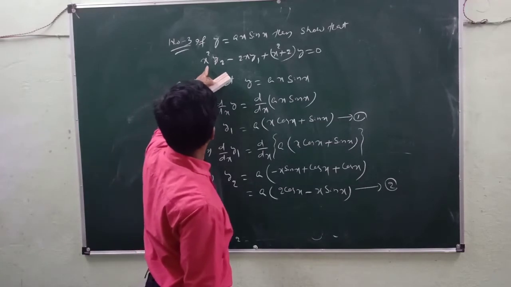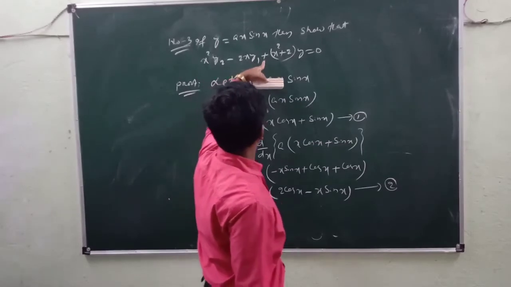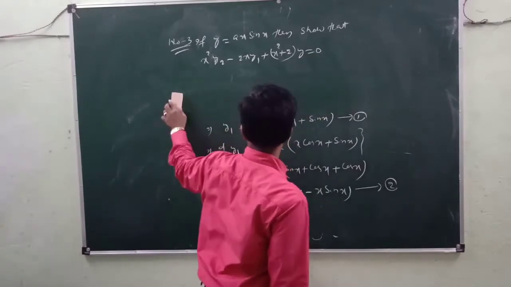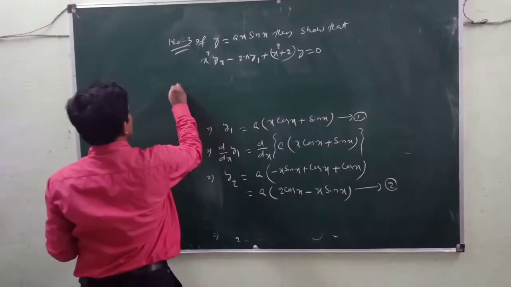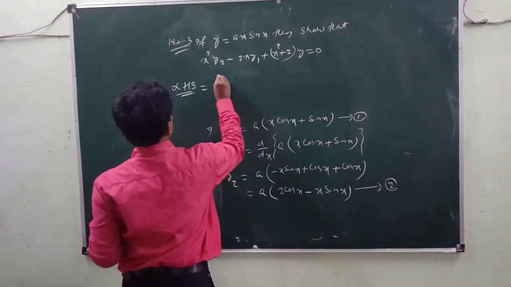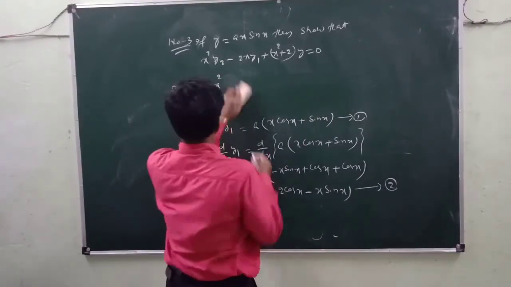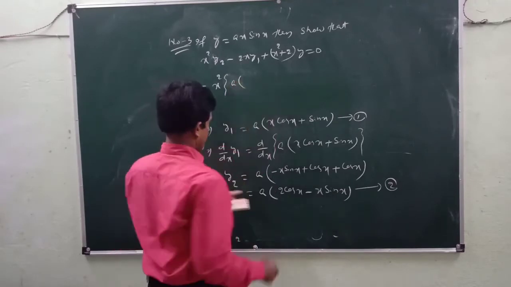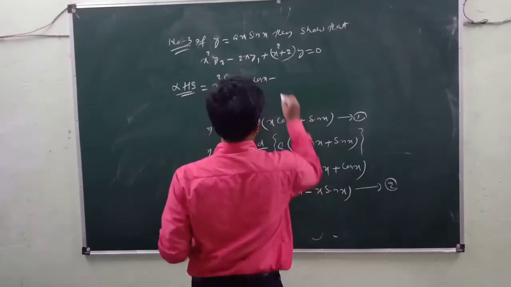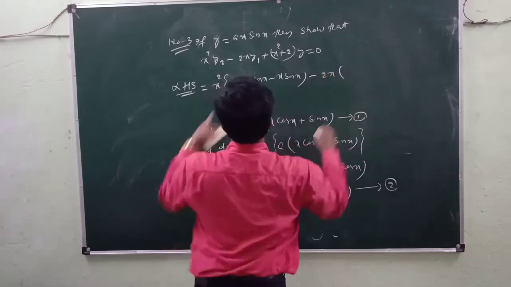But we prove that x square y2 minus 2x y1 plus x square plus 2 whole into y equal to 0. So LHS, that equal to x square into y2. In place of y2, I put the value a into 2 cos x minus x sin x, minus 2x y1.